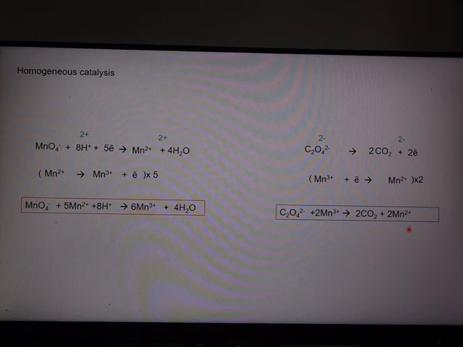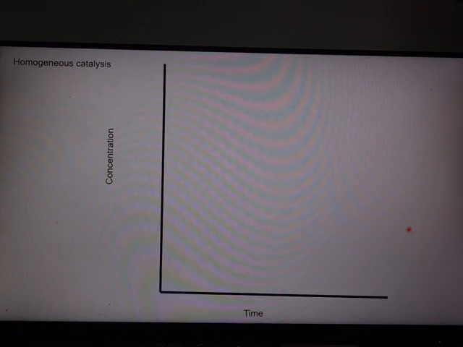So that does take a little bit of time to get your head around, I must admit, but these equations, they expect you to know them. So then they often ask you to sketch the change in concentration of MnO4 minus over time.